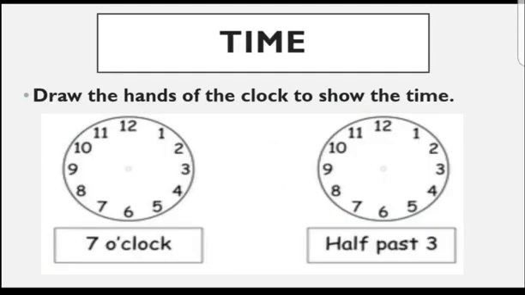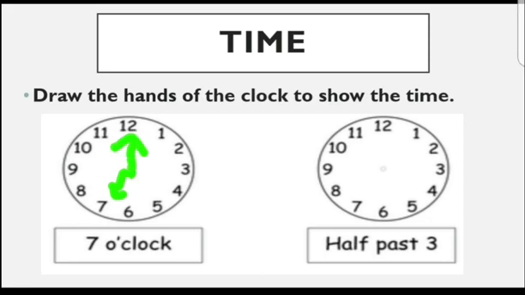Now see some more questions. Now in this question children, you have to draw hands of the clock to show the time. Okay, now 7 o'clock. In this case children, the hour hand, the shorter hand, will be at 7, and the minute hand, yes, it will be at 12.